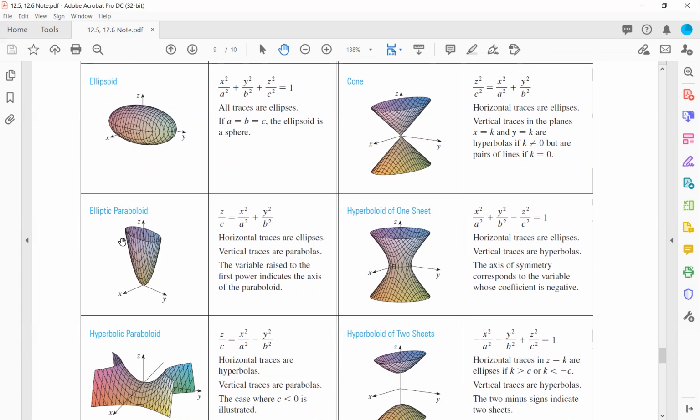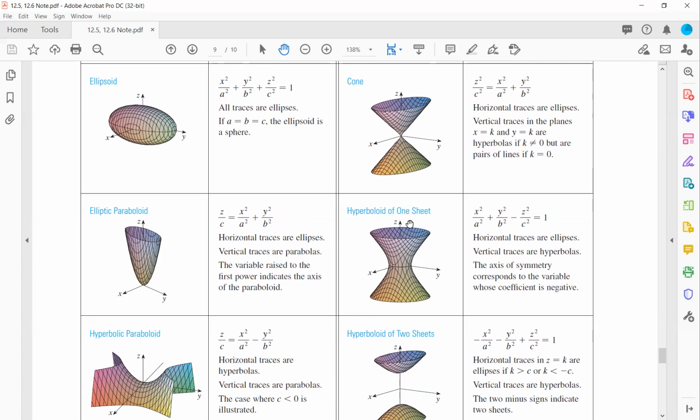As you can see, the cross section is a parabola. The equation for an elliptic paraboloid is z over c equals x squared over a squared plus y squared over b squared.